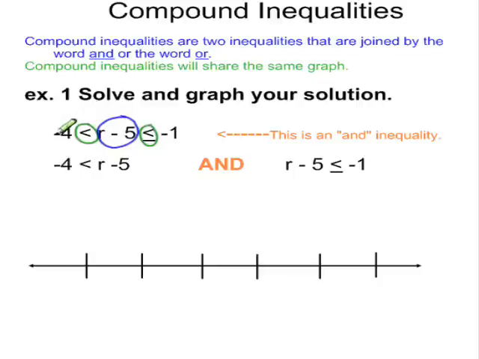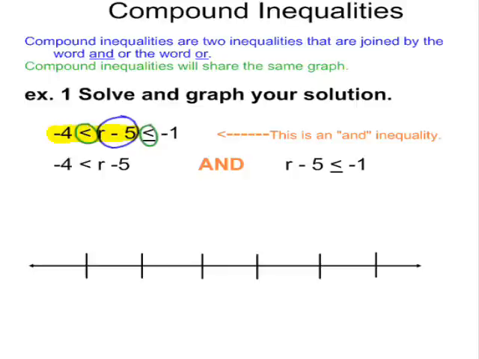So I'm going to start with this -4, and I'm going to take the -4 and the less than sign and connect it with our shared middle term r minus 5, and we're going to make that its own problem. So we're going to have -4 less than r minus 5.